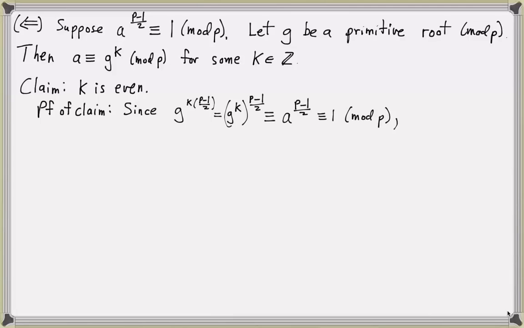Then we see that g to the power k times p minus 1 over 2 is congruent to 1 mod p. Well, we showed that if that's true, then this exponent k times p minus 1 over 2 must be congruent to 0 mod p minus 1.